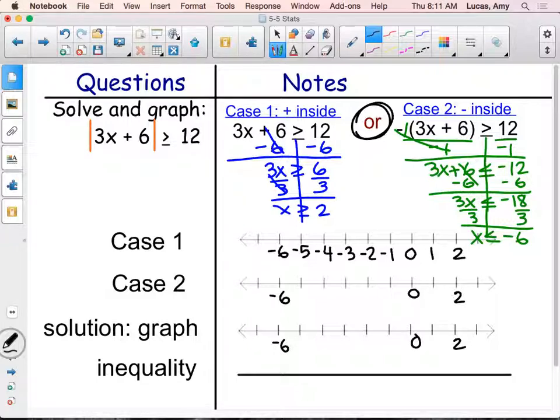Okay, so my first graph, greater than or equal to, so closed circle, going to the right. Then my second graph, closed circle, going to the left. And I keep both of them, so that my solution has 2 rays.